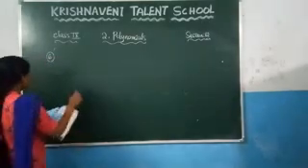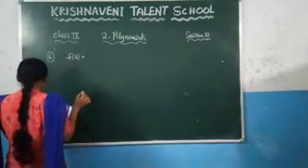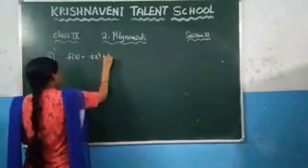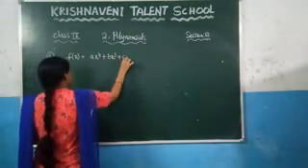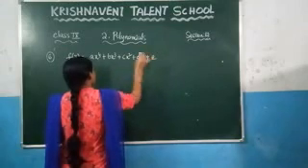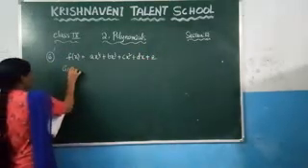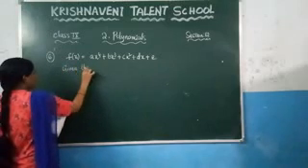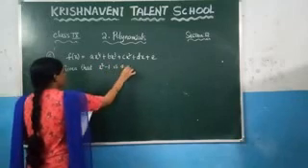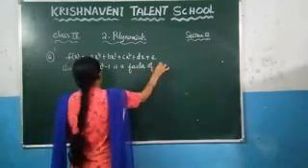Here, let us consider the given polynomial as f of x. So what is the polynomial given here? ax power 4 plus bx cube plus cx square plus dx plus e. This is the given polynomial, and they have also given that x square minus 1 is a factor of f of x.